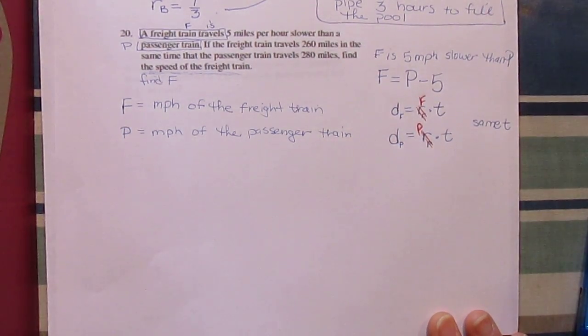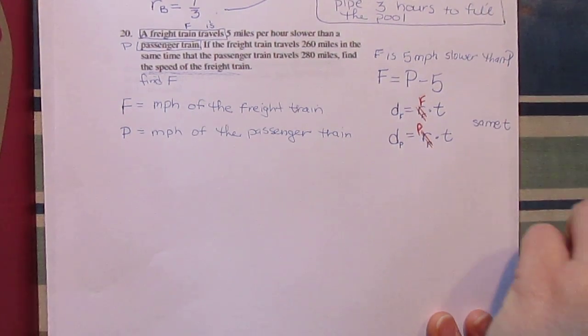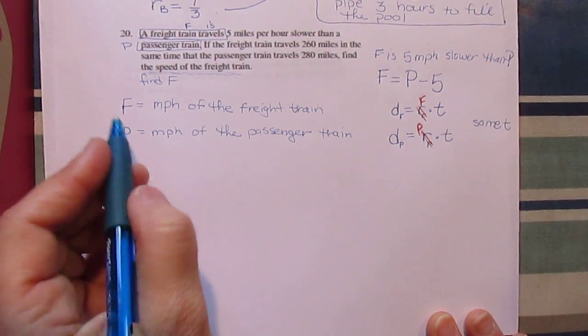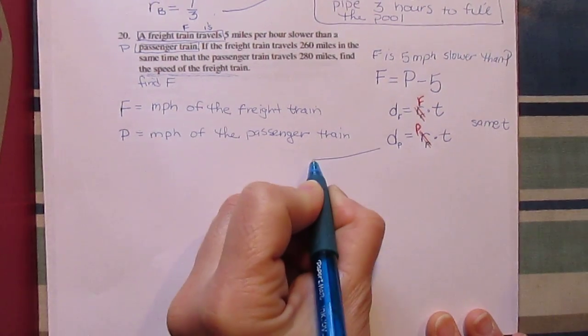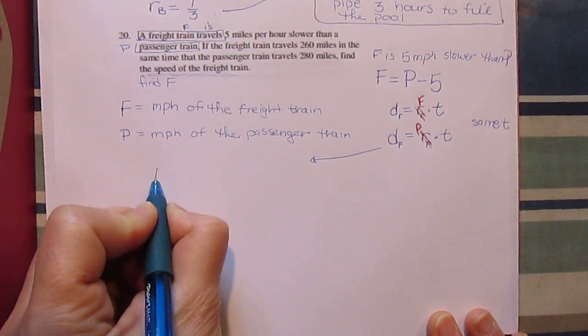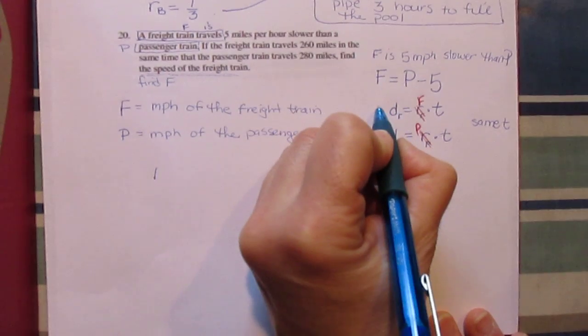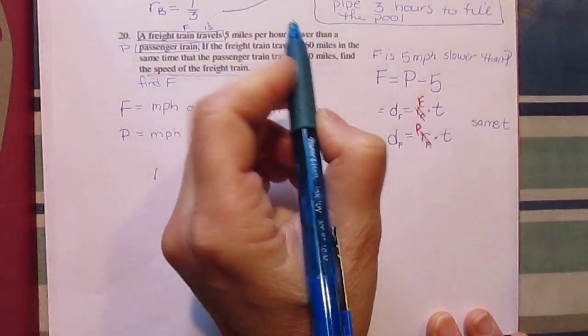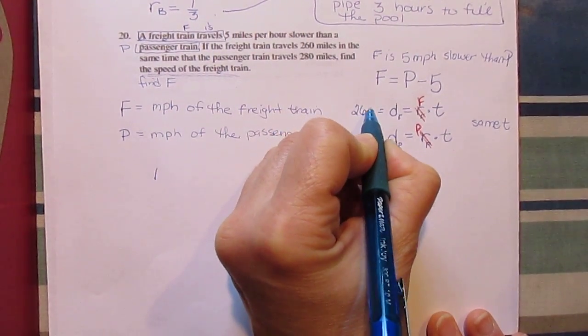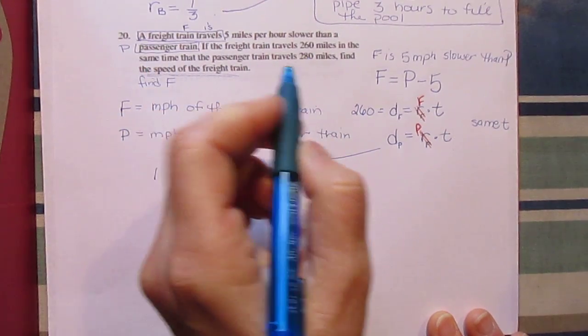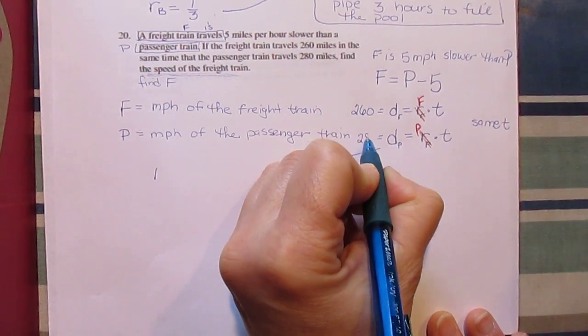Distance equals rate times time. So, why don't I solve for T? I have distance of the freight train. The freight train travels 260 in the same time that the passenger travels 280.